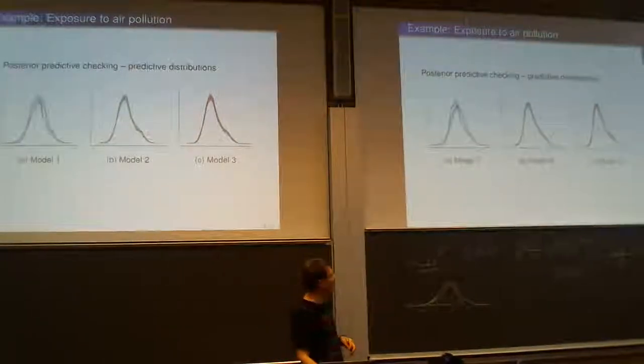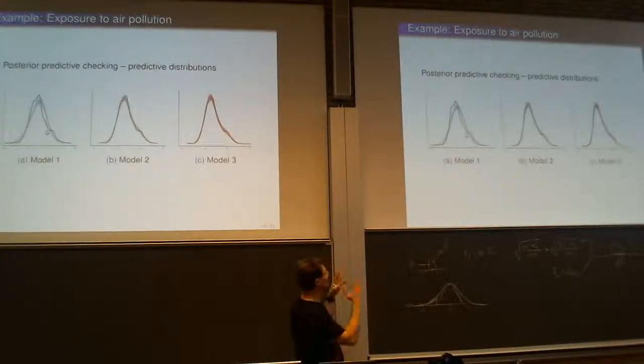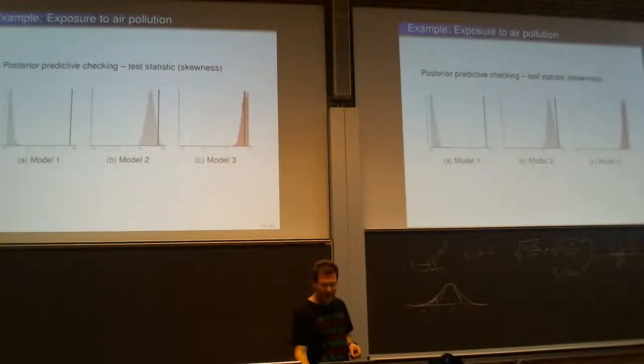In this case, there's so much data compared to the number of parameters that there's not much variation, and the replicates are quite similar to each other. We can compute skewness of our predictive distribution and skewness of the data. We see for model 1 this big difference in skewness. For model 2 and model 3, we see that the observed skewness is reasonable compared to the skewness of these posterior predictive distributions.